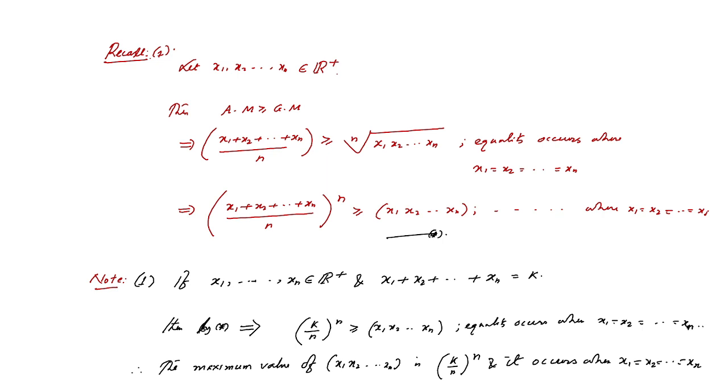So this is one important result. From that we can find out the maximum value of this product x1 x2 xn.